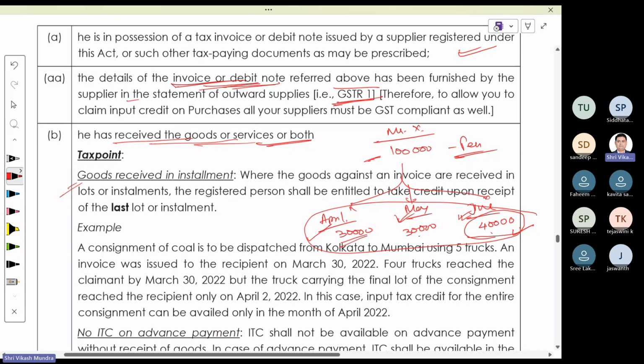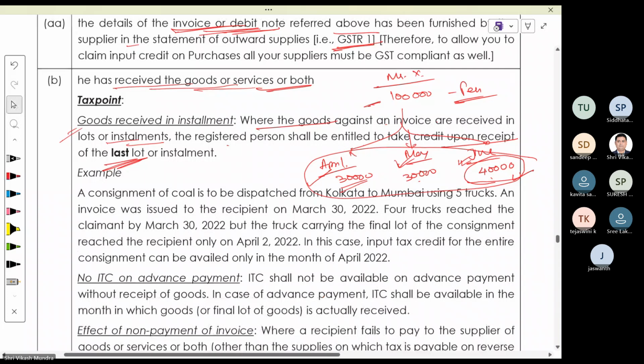In this situation, even though goods are received by him, since it is installments, unless and until the entire lot is received by him, he cannot claim ITC. Done? Clear? That means where the goods against an invoice are received in lots or installments, the registered person shall be entitled to take credit upon receipt of the last lot or installment.